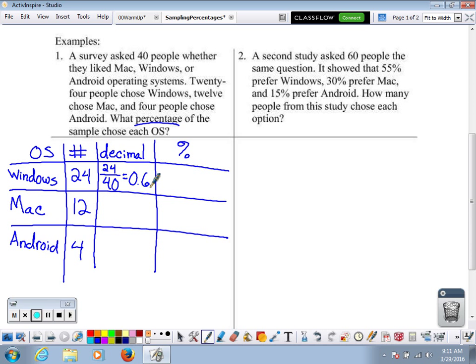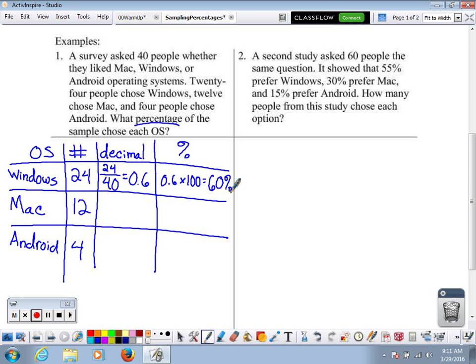Multiply it by 100. So take that 0.6, use the calculator if you need to, but multiply it by 100, and what percent do you get? 60%. So that means that of our sample, 60% chose Windows.